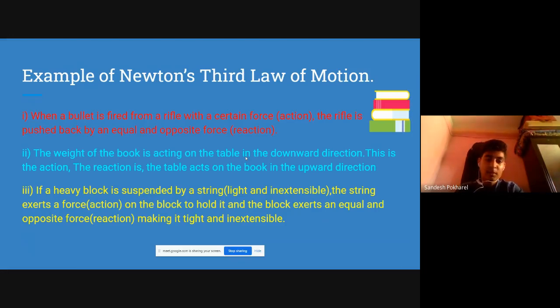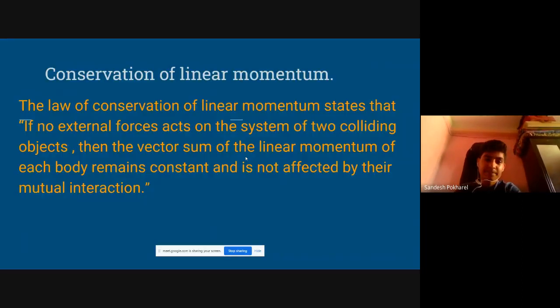Third, if a heavy block is suspended by a string, the string exerts a force on the block to hold it, and the block exerts an equal and opposite force, making it tight and inextensible. Now, another one is conservation of linear momentum.